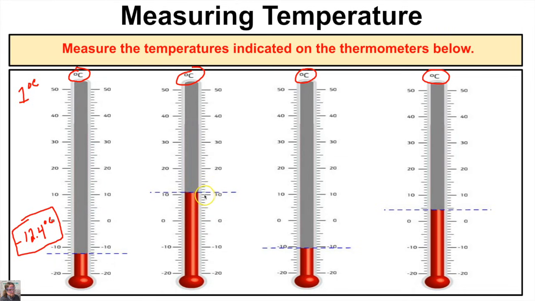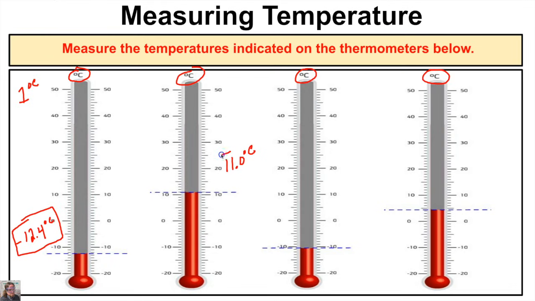We have 10 degrees Celsius, and if we take a look, the blue dashed line is exactly on the 11 degree mark. So if we just put 11 degrees Celsius, this is going to be incorrect. Remember, we have to measure one significant figure beyond the level of precision here. This is precise to the ones place, so we need to go 1 decimal further.